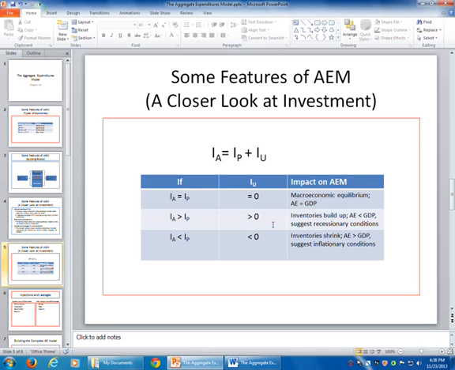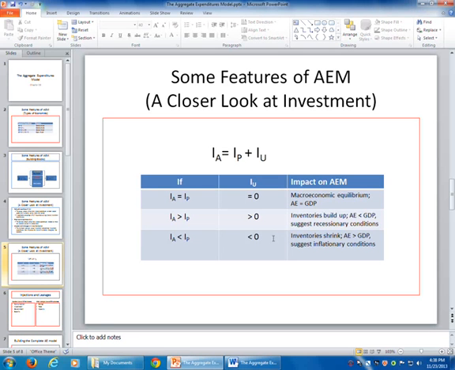It's going to suggest recessionary conditions in the aggregate expenditure model. With excessive inventories, that's a clear sign of recessionary conditions, because when inventories are building up, sales are sluggish, and sales tend to be very sluggish during periods of recession. So we'll use I sub U, when it's positive, as an indicator that the economy is experiencing recessionary conditions because inventories are building up.